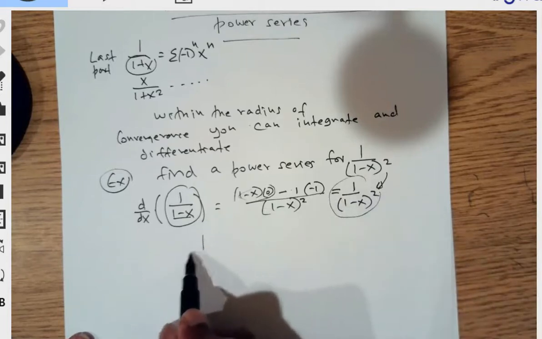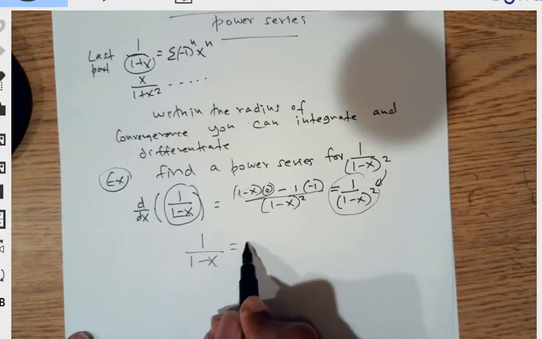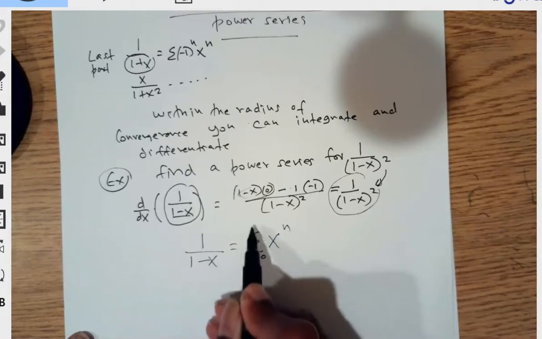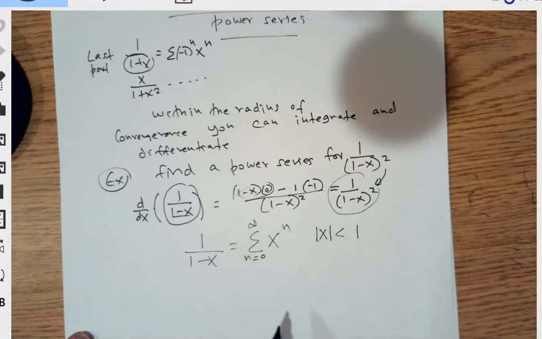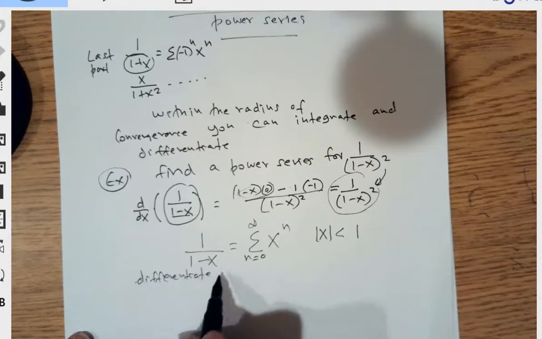So we already know the power series for 1 over 1 minus x. This is our standard power series, the geometric series, the sum of x to the n, which is valid when the absolute value of x is less than 1. So what we do is we differentiate both sides. Remember, you can only do this inside the interval of convergence, right?